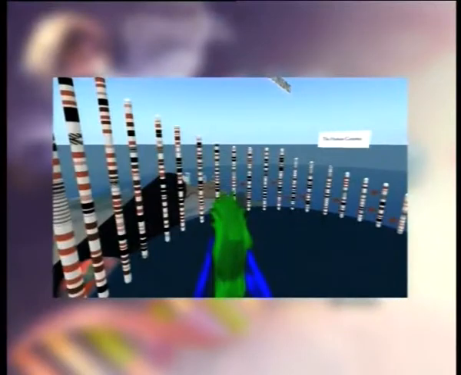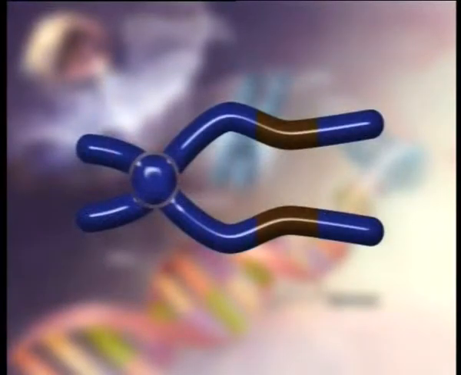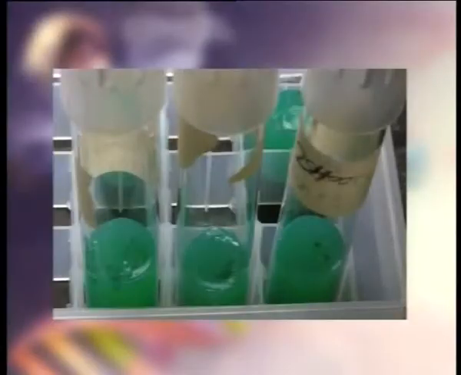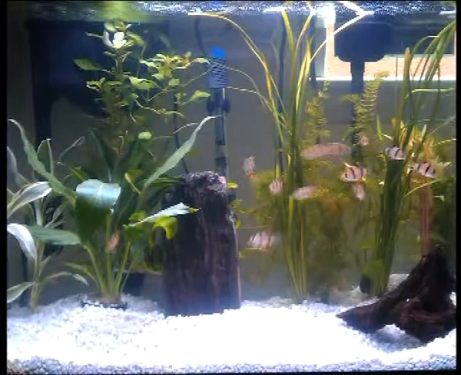Chromosomal alterations may include whole genomes, entire single chromosomes, or just parts of chromosomes. They can occur spontaneously, or they can be induced by chemical or radiation treatment.